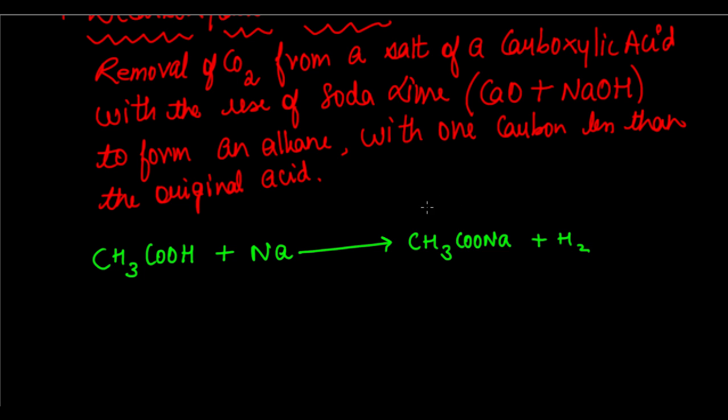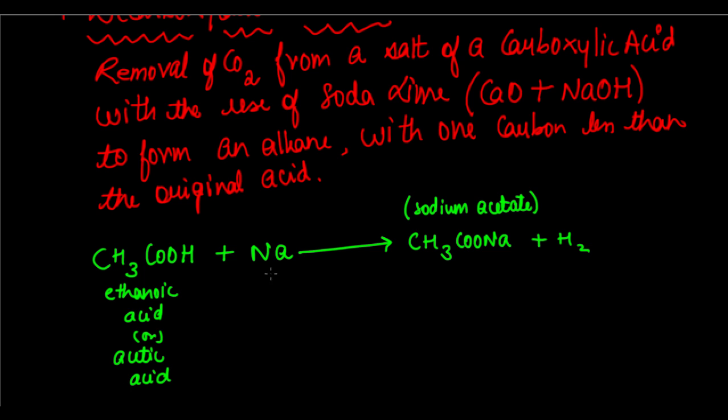So basically we are getting sodium acetate, right? And this is your ethanoic acid or acetic acid. And this is your sodium metal. Now, this is the salt of this carboxylic acid, right?